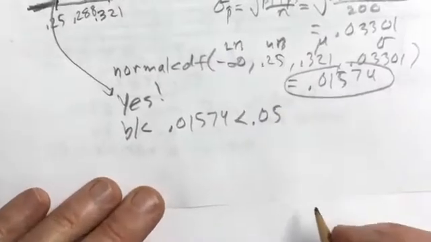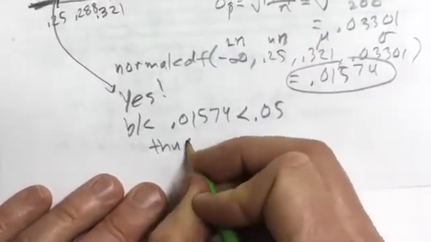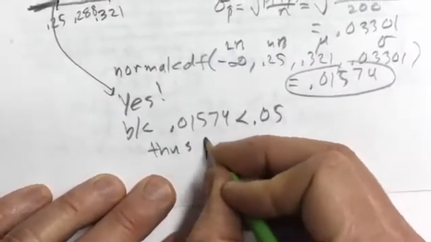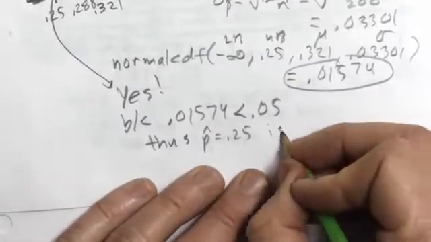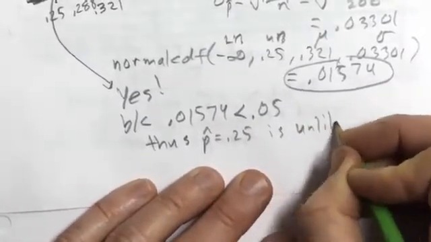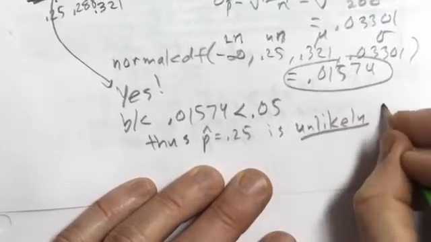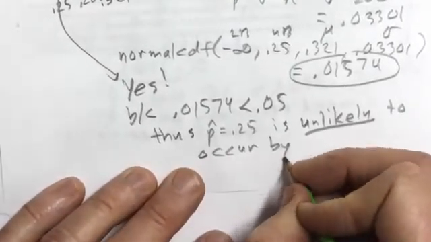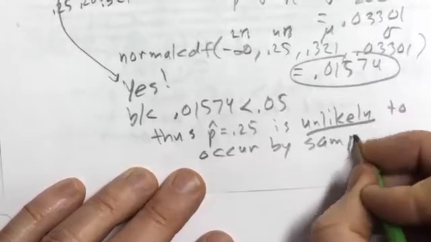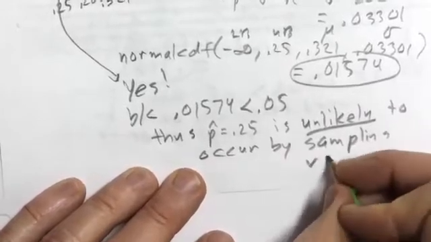It's less than 5%. Thus, a p-hat of 0.25 is unlikely to occur by sampling variability only.